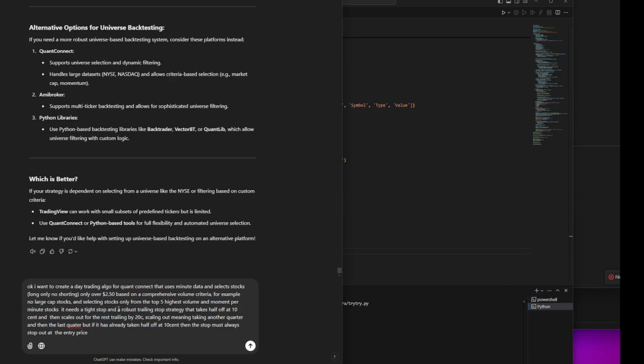It depends on volume, for example. It needs a tight stop and a robust trading strategy. It takes half off at 10 cents and then scales out for the rest, trailing by 20 cents.